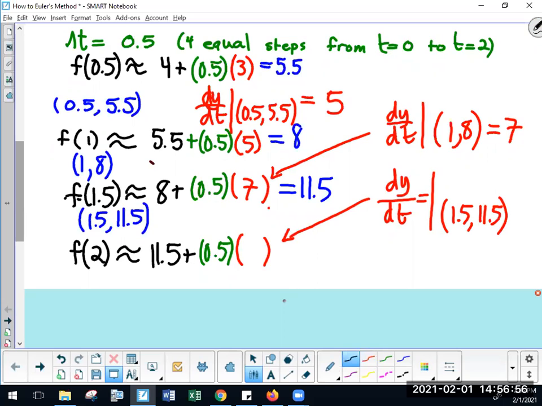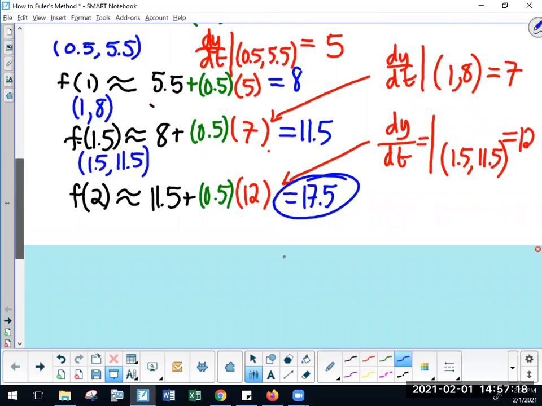So that's 13 minus 1 is 12. So 17.5. Notice how I was careful and conspicuous with my approximations each time, just like you want to be.